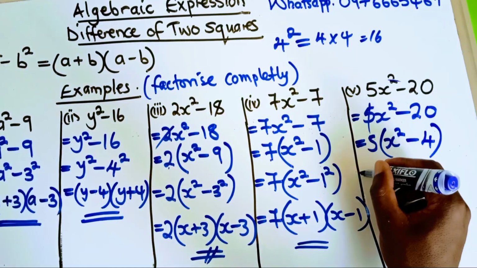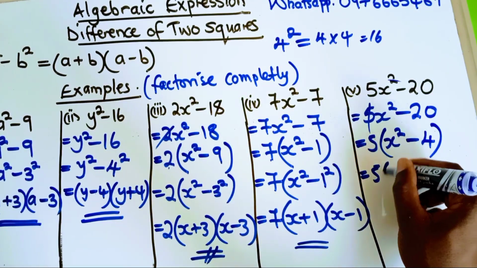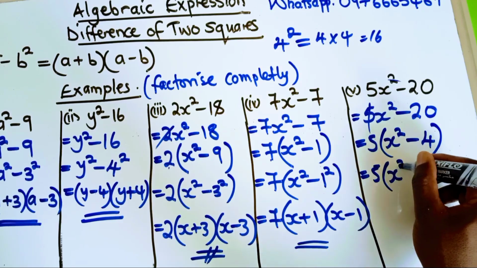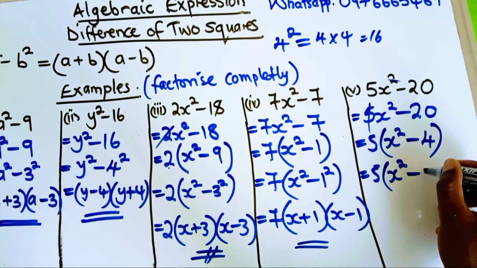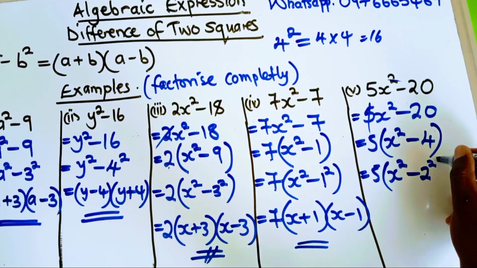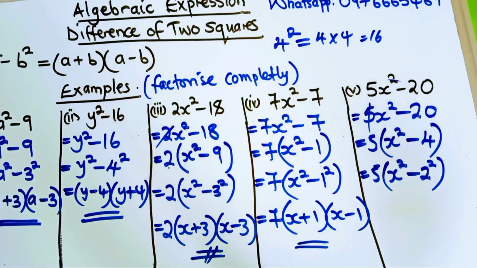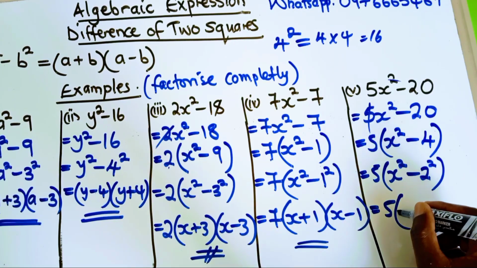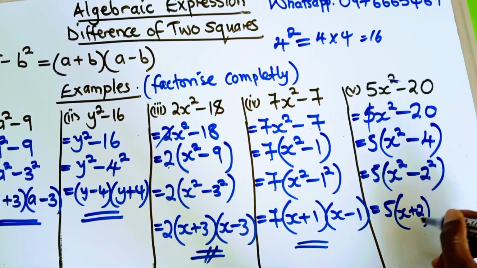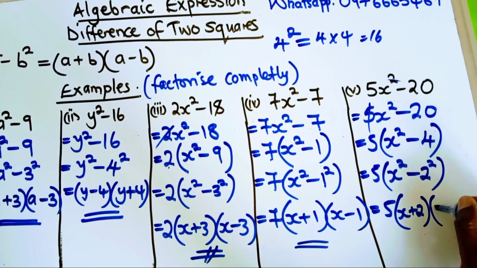So this will be equals 5, open brackets, x squared minus. The square root of 4 is 2. So you say 2 squared. 2 times 2 is 4. So this will be equals 5 (x plus 2), open again, (x minus 2). Then you are done like that.